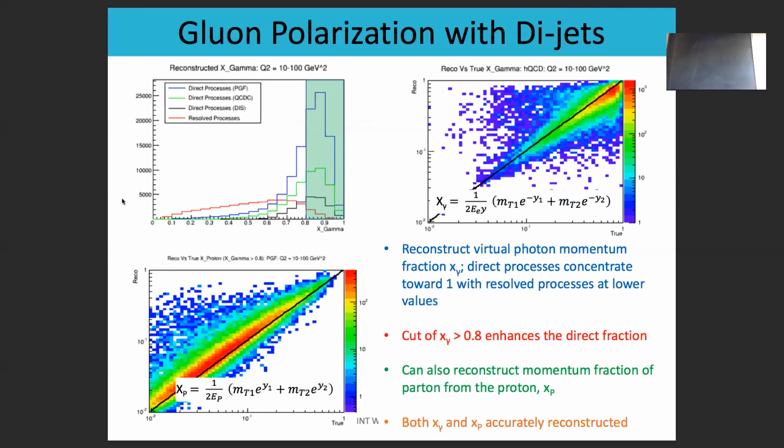The Q square is non-zero, so I thought the resolved photon is a variable only for photoproduction. But it doesn't exist only at a Q square of 0. It's got to have some kind of distribution, right? But the Q square is even 100. Yes, this is my concern as well.